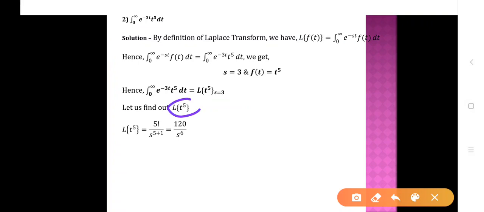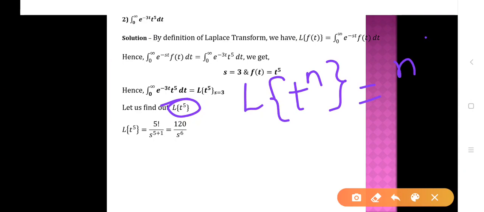Okay, so Laplace transform of t raised to 5 means here the index of t is 5. 5 is a positive integer. So here you have to apply the formula L of t raised to n equal to n factorial divided by s raised to n plus 1.